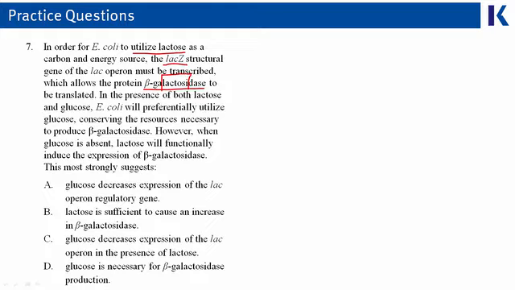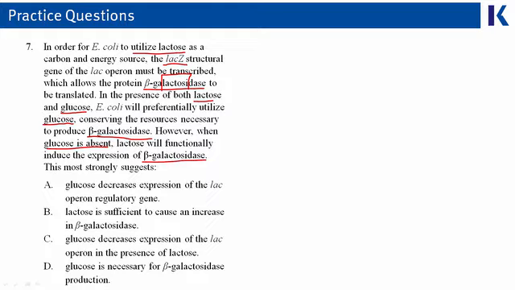But then question 7 goes on to tell us exactly what question 6 told us in the picture. It tells us that when lactose and glucose are around, E. coli wants to use glucose. And crucially, it doesn't produce beta-galactosidase. But when there's no glucose, when it's absent, then lactose induces the expression of beta-galactosidase and the bacterium is able to digest it.